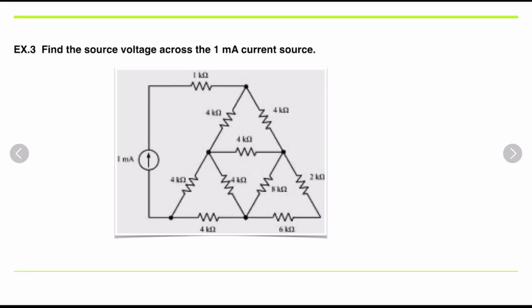But before starting this problem, I would like to tell you a few rules which you should follow while solving any kind of problem. If you follow these rules, that will help you to reduce silly mistakes. So first rule is that read every problem twice or thrice before starting the solution, so that you shouldn't miss any information.